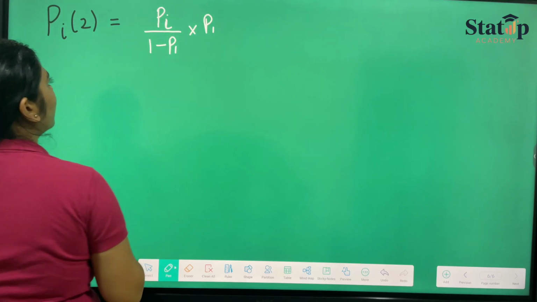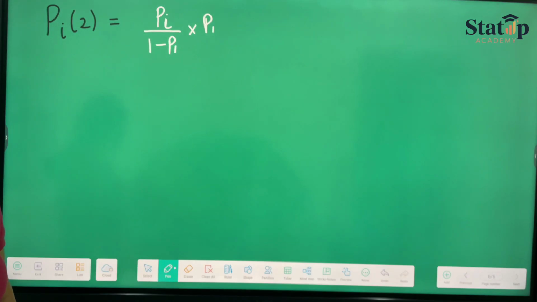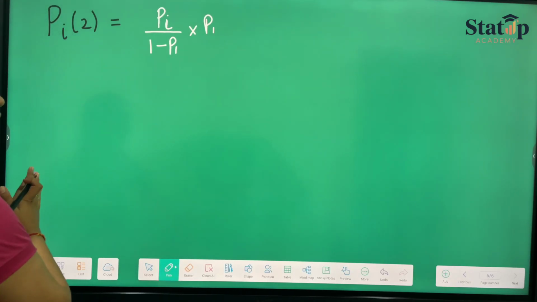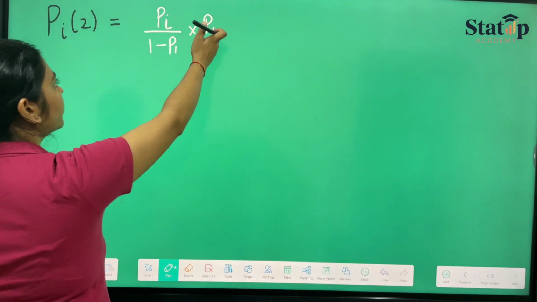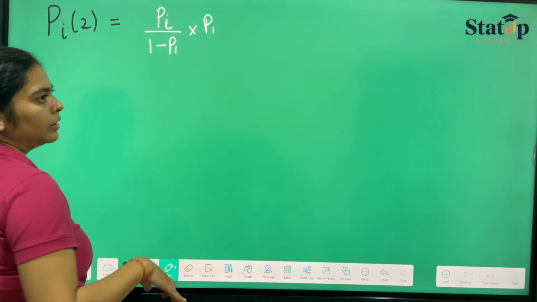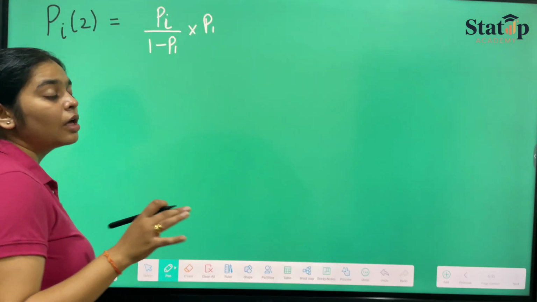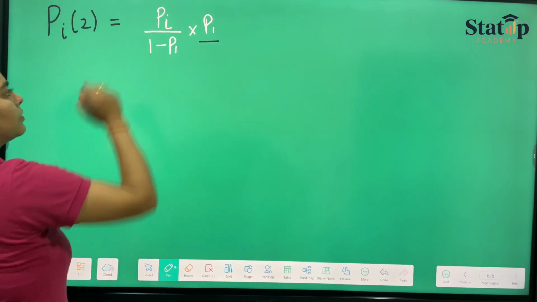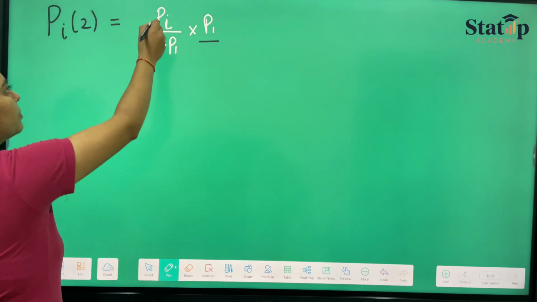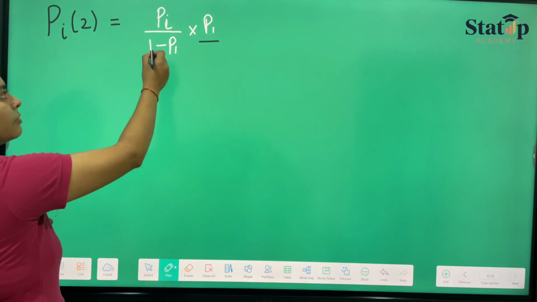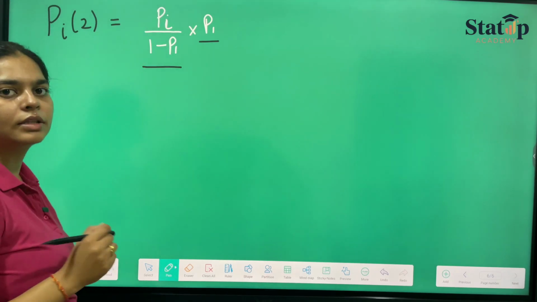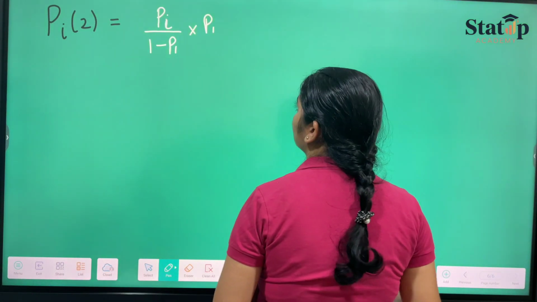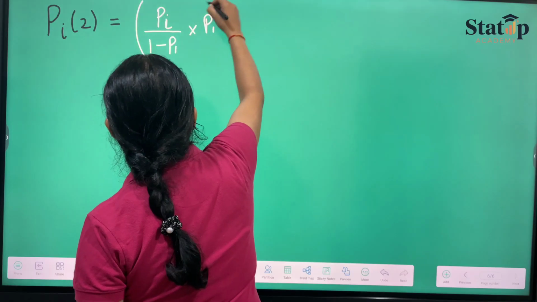Probability of selecting the ith unit in the second row: the probability of selecting the first unit in the first row will be p1, and the probability of selecting the ith unit in the second row will be pi upon the total probability, which becomes 1 minus p1, because we are discussing the case of PPS WOR, without replacement. So this is for the first one.